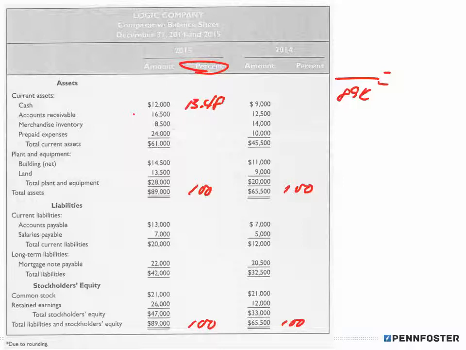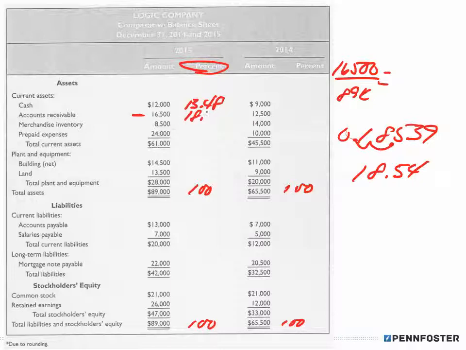So for accounts receivable, I have 16,500. So 16,500 divided by 89,000 gives me 0.18539. So I move it over. That's 18.5, and I'm going to round up because of the 9, rounding up to the hundredth of a percent. So I have 18.54 for the 16,500.